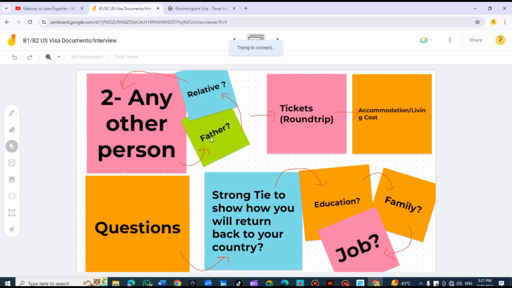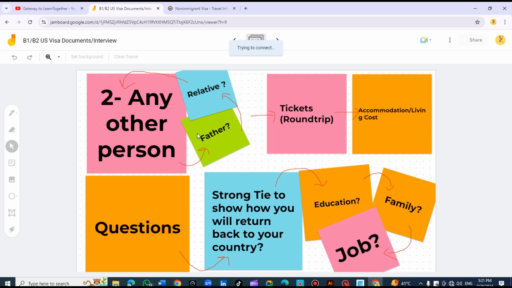But now you see your document situation has changed, because now they are more focused on what aspect he or she will cover of your trip to the US. For example, they are covering your round trip tickets. They have issued you round trip tickets, and they also have booked some accommodation for you, and you can provide the evidence of that as well. And they are also covering your living cost.